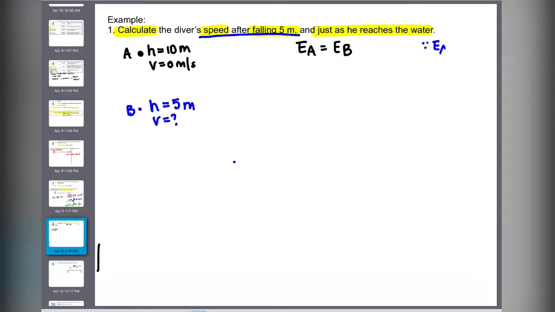Since I know that the total energy is always EG plus EK, and since I know that EG is mgh and EK is 1/2 mv squared, from lesson 2, I'm going to put this all into the equation where EA equals EB. I honestly don't really need you to write these out, but I'm just showing you how I go from one step to another.